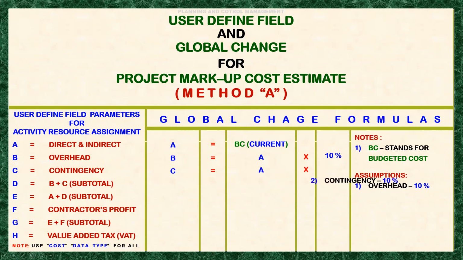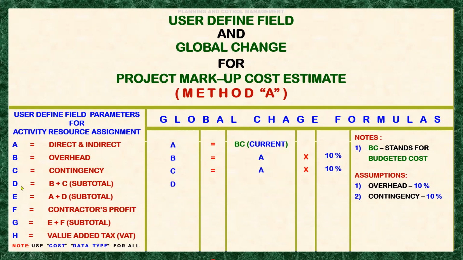I am doing this way because this is really the format on the global change formula. On the global change window you can see perfectly the same columns as in here. Okay, so in the contingency we have here our assumption 10%. So the same thing, direct and indirect cost multiplied by the percentage, that is the contingency.